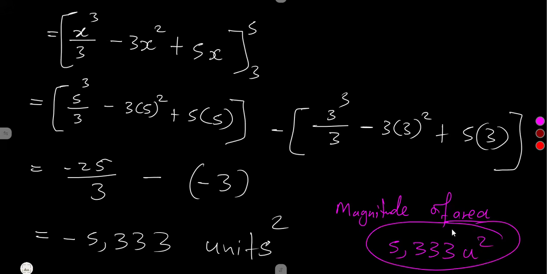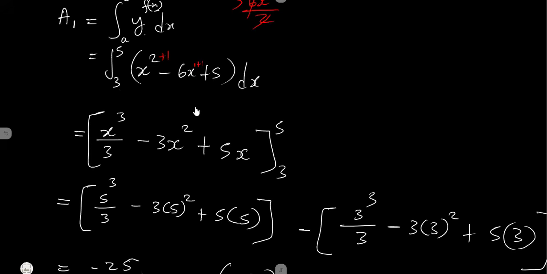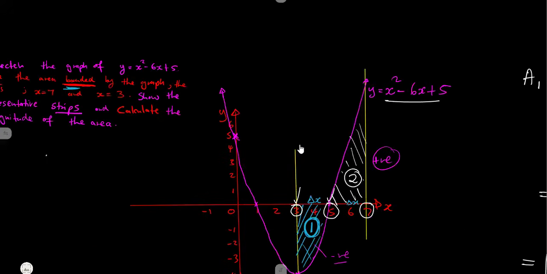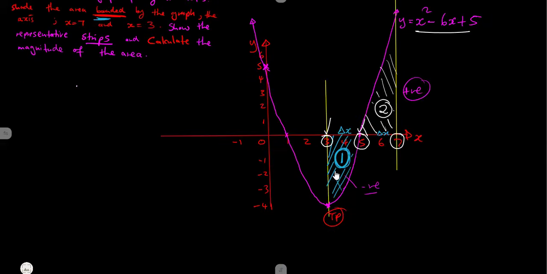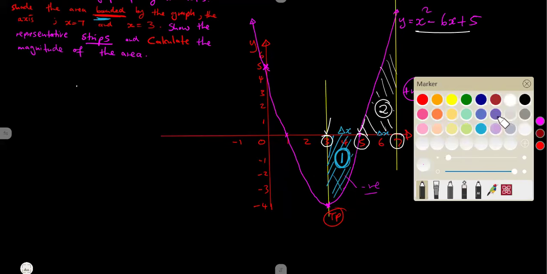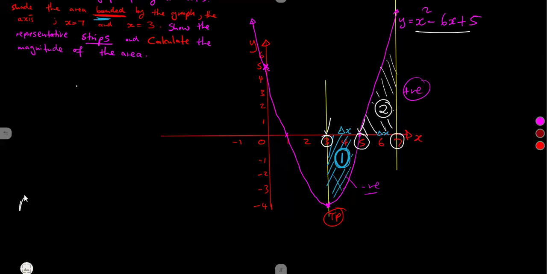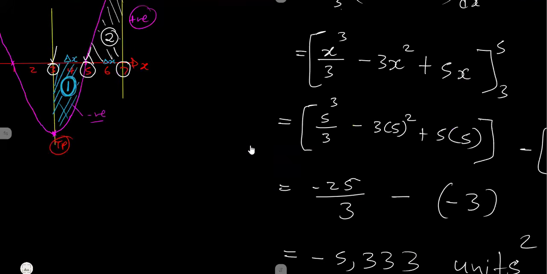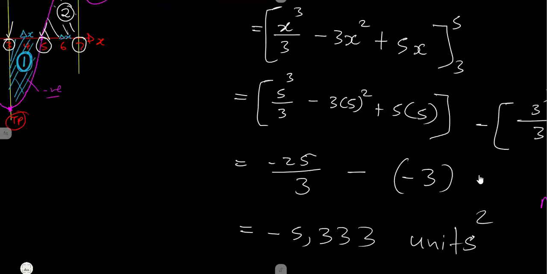The area is always positive, but as we have it on that region where it is found, it is carrying a negative. So our A1 is negative 5.33 square units according to calculations. Its magnitude is 5.33. This is the difference. Magnitude, you're talking about the positive value.